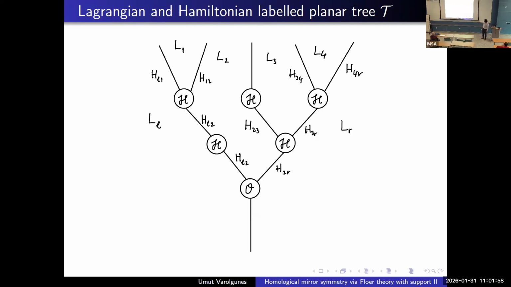It's going to have summands indexed by Lagrangian and Hamiltonian labeled planar trees. Here is my Lagrangian left, Lagrangian right, and a tree embedded in the plane. For each connected component of the complement of the tree, you're free to choose any Lagrangian that you want.